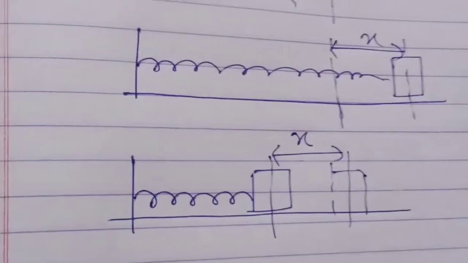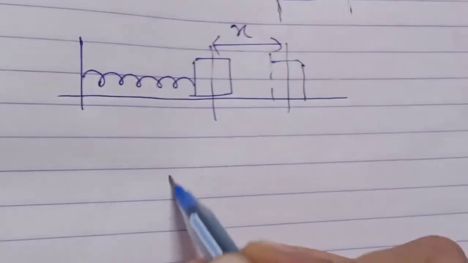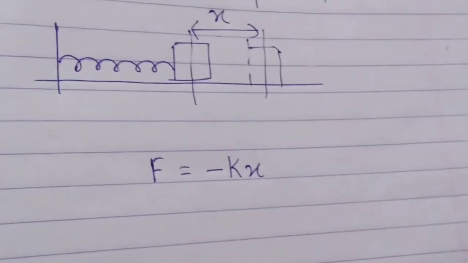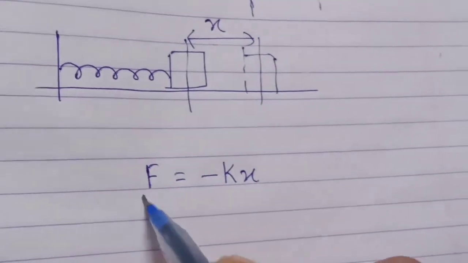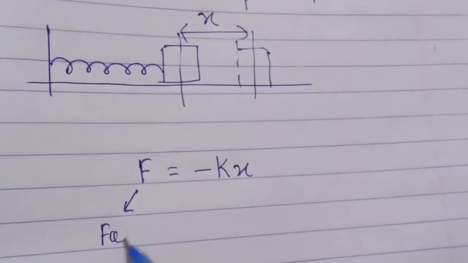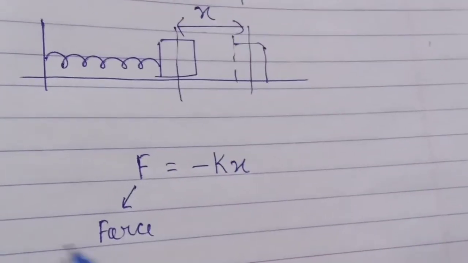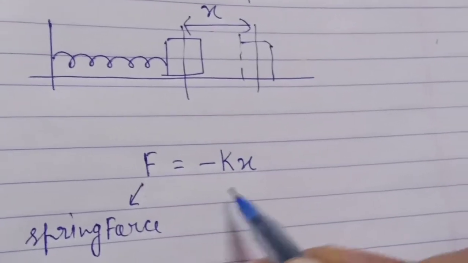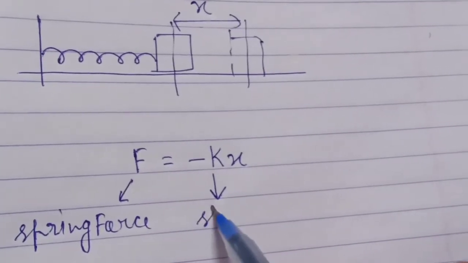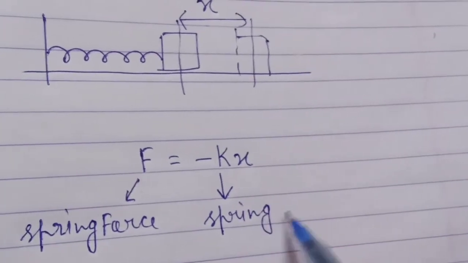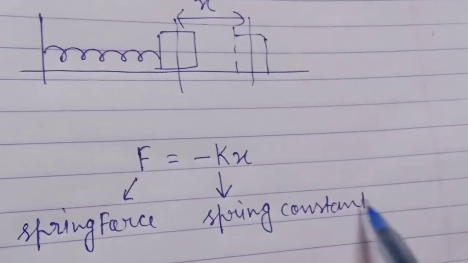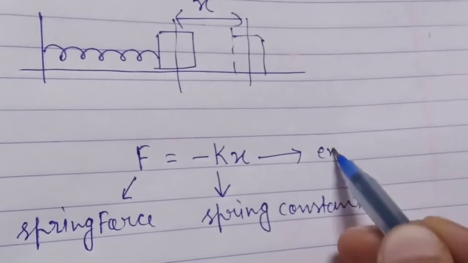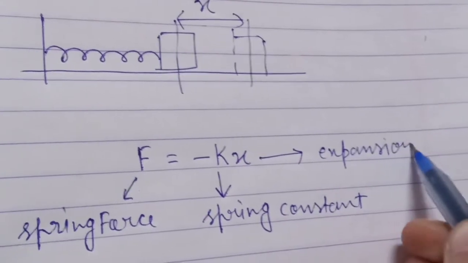So for this there is a formula F is equal to minus kx, where F is equal to force, you can say spring force, K is equal to spring constant, and the x is expansion or compression.